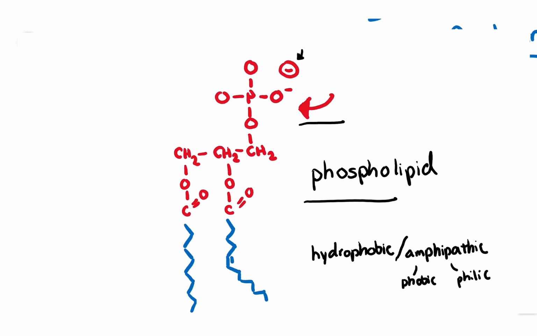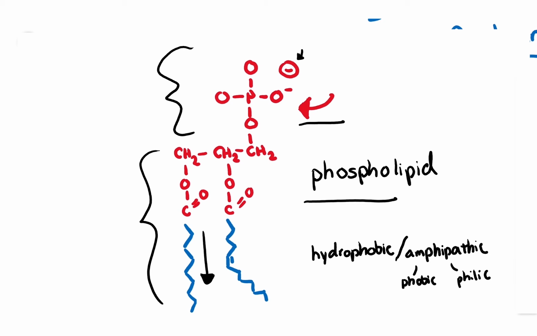So a phospholipid is an example of this, because you have a charged part of the structure and a hydrophobic part of the structure made up of these hydrocarbons. And these hydrocarbons are uncharged, which is why commonly lipids are found as hydrophobic structures.